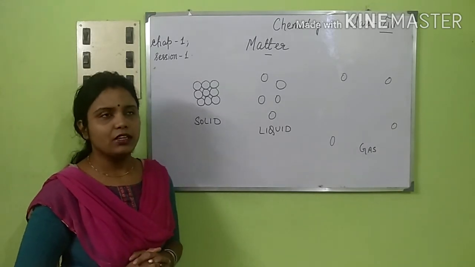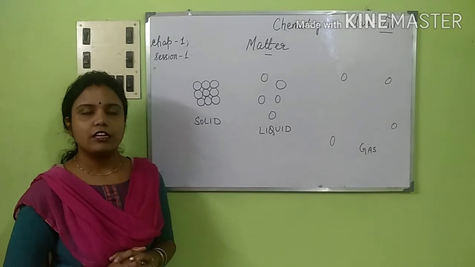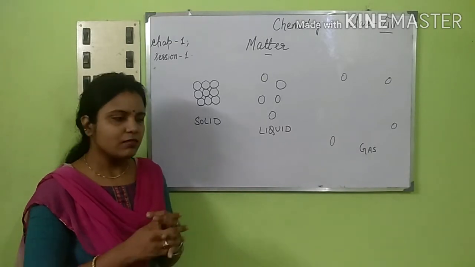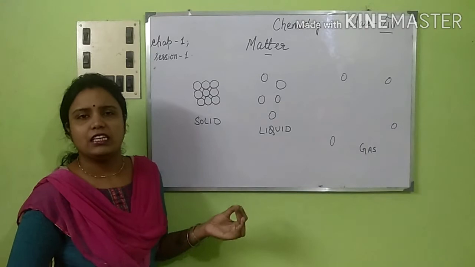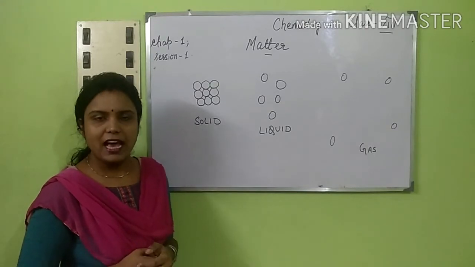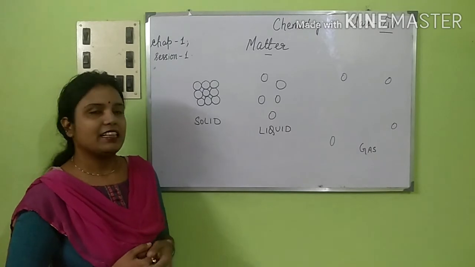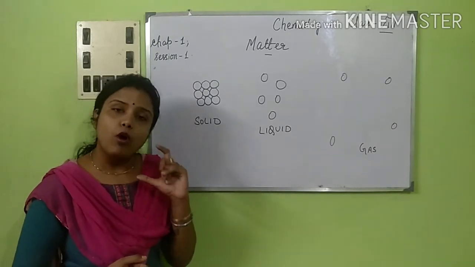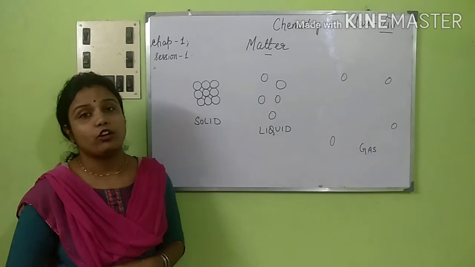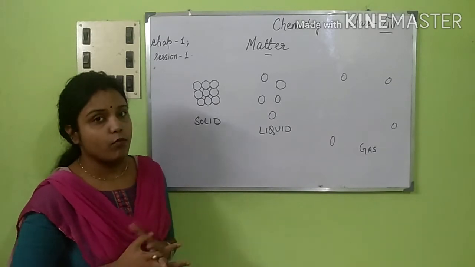Starting with the first point, it states that these particles are very tiny, very small, as we have discussed in the characteristics. The second one says that a particular element will always have the same type of atoms or the same type of molecules.